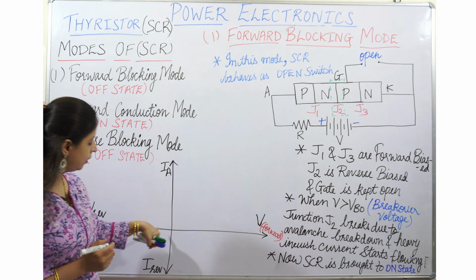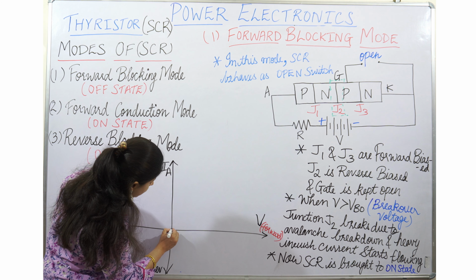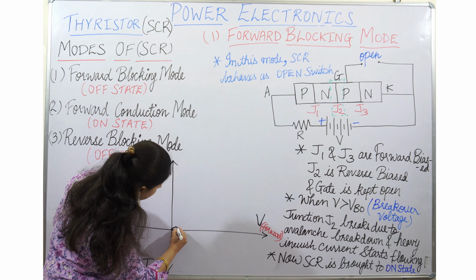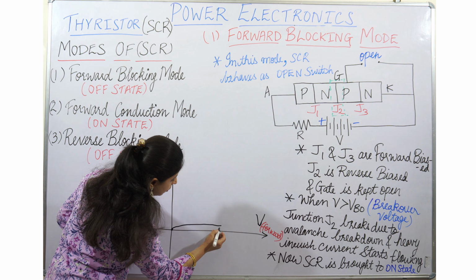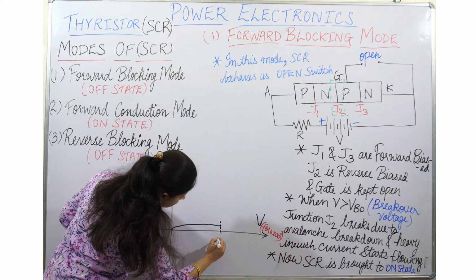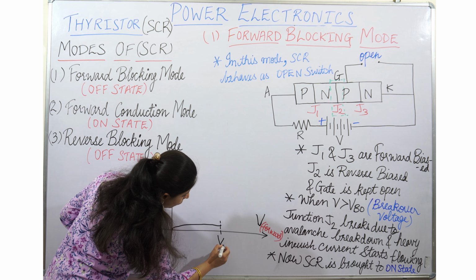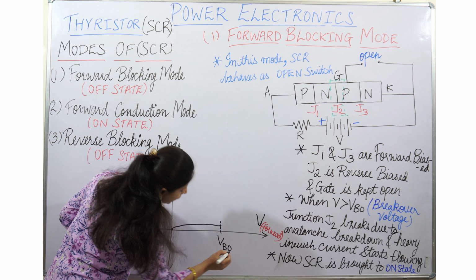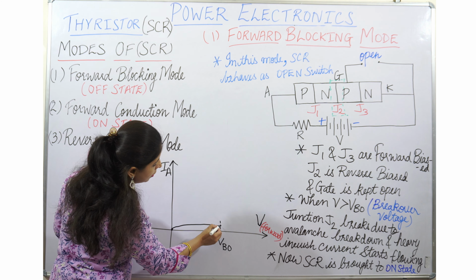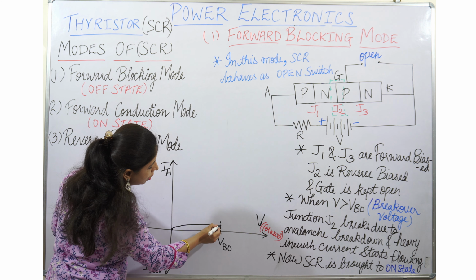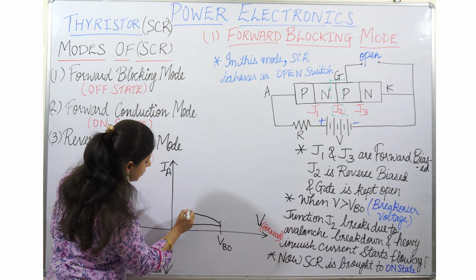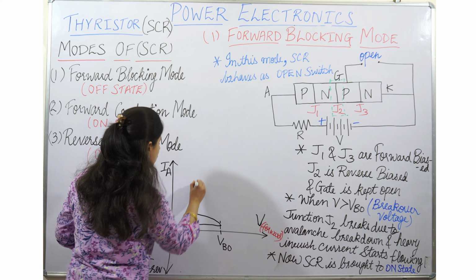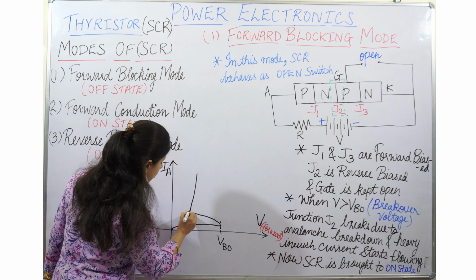Initially the leakage current was flowing, so let us draw our leakage current. This is the leakage current flowing, and at the forward breakover voltage, when the voltage source becomes greater than the forward breakover voltage, the SCR is brought to the on state. This is the on state of the SCR.